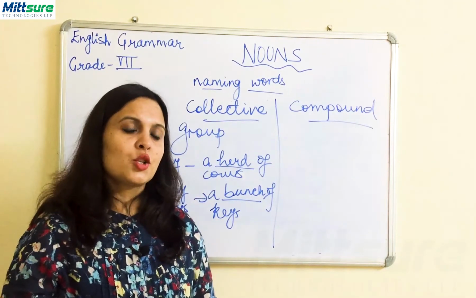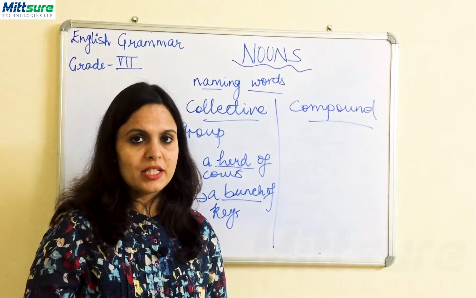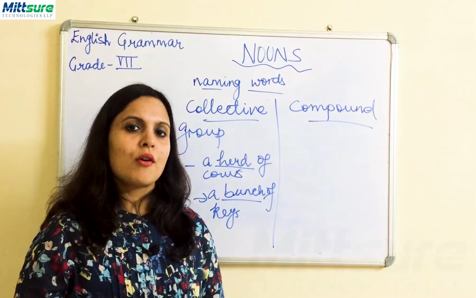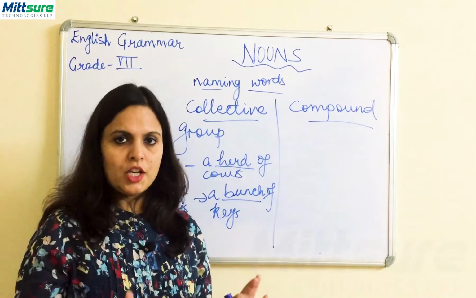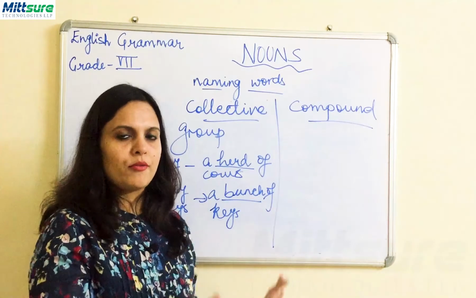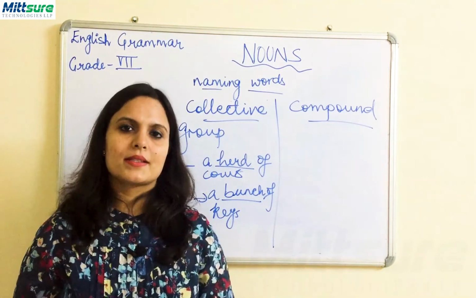So you will read through and you will come across a lot of collective terms for referring to a group of people, group of animals and group of things, right?